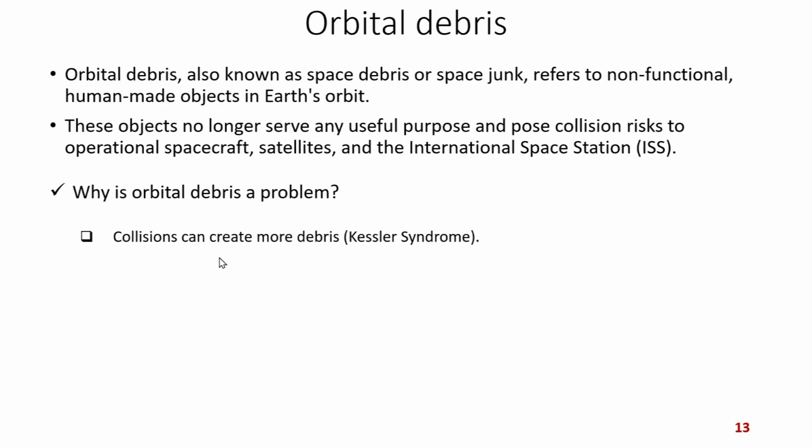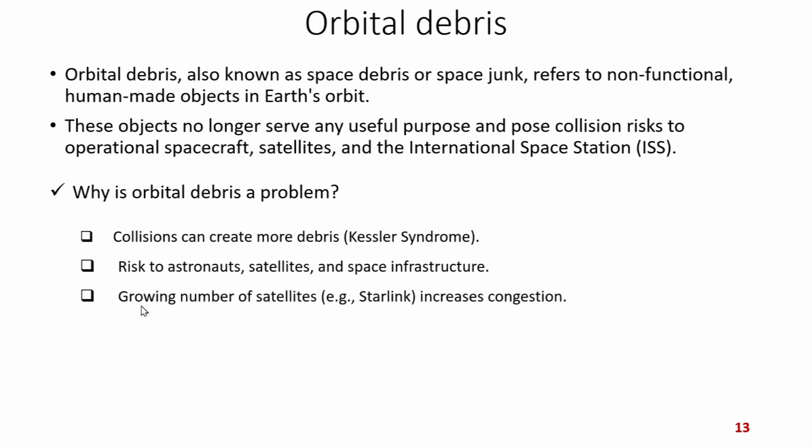This is called the Kessler syndrome. What the Kessler syndrome says is that whenever there are collisions, they will create more debris, and over time this increase in debris is exponential. Then there are risks to astronauts, satellites and space infrastructure, and the growing number of satellites.